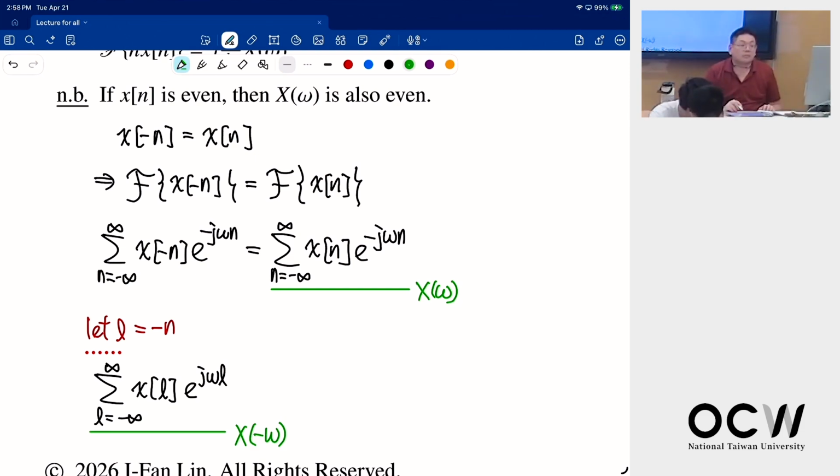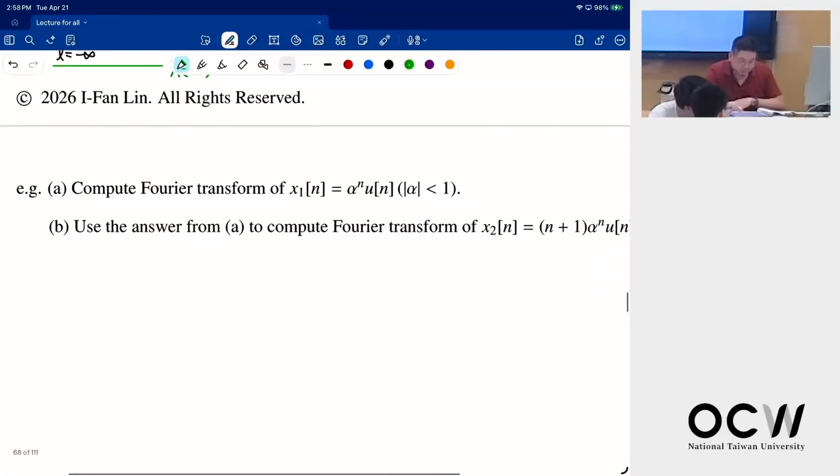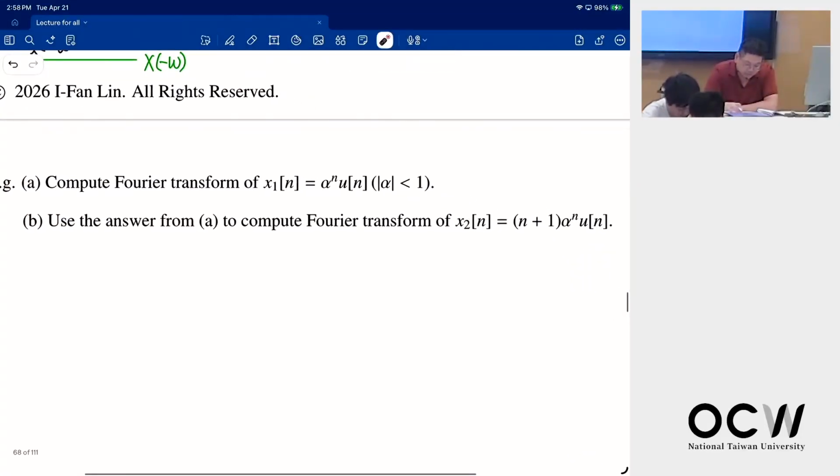If you don't have any questions, let's see an example. I want to find the Fourier transform of x1. Later on, I need to use the answer from part A to compute the Fourier transform of x2. And you can see that x2 is x1 plus what? x1 times n. Okay.